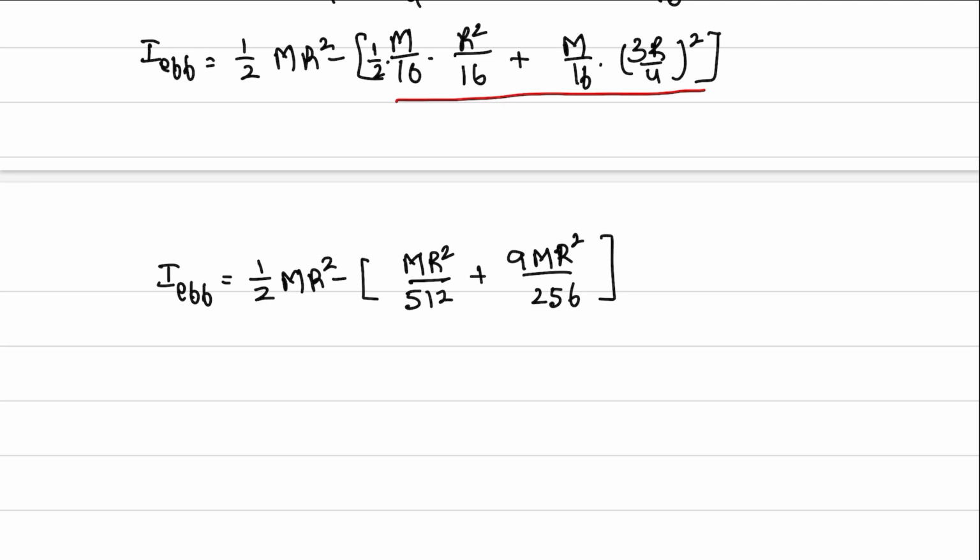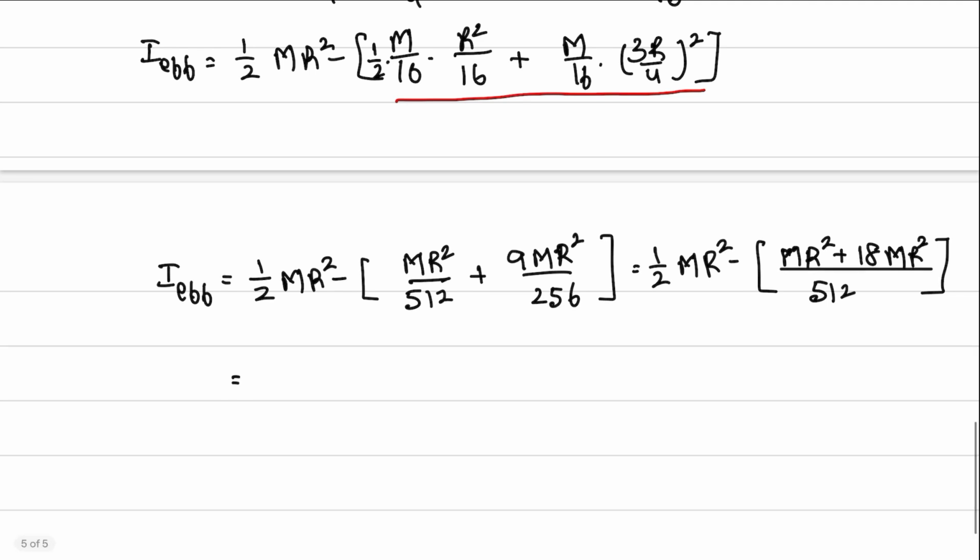Then this becomes half M R square minus, taking 512 in the denominator, M R square plus 2 into 9 is 18 M R square.